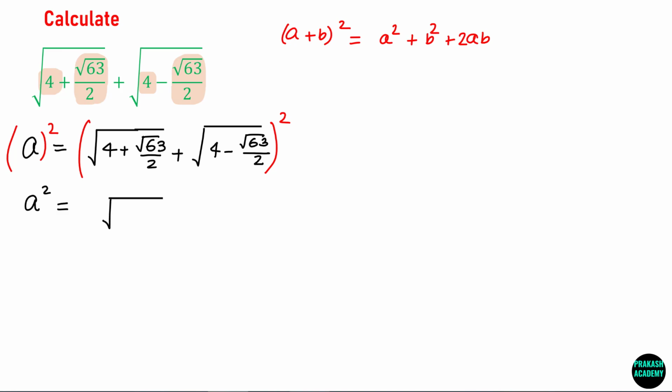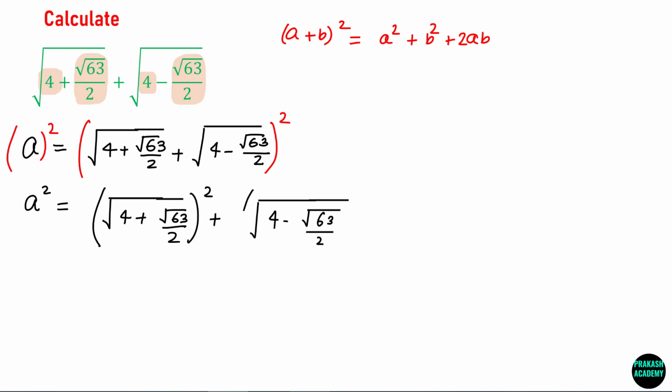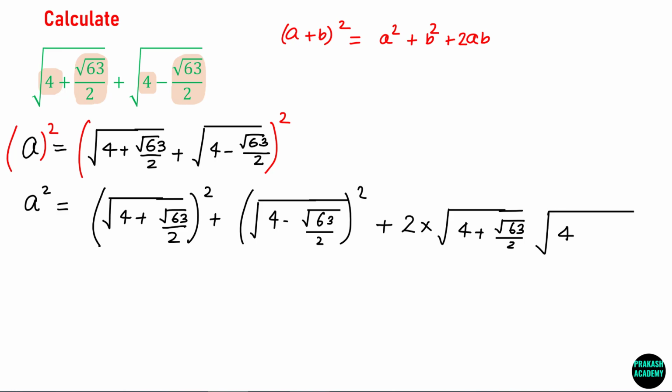So we will have the square root of (4 plus root 63) divided by 2 whole square, and then B square, that is this term, the square root of (4 minus root 63) divided by 2 whole square, plus 2 times AB. A is what? Square root of (4 plus root 63) by 2, and B is the square root of (4 minus root 63) by 2.